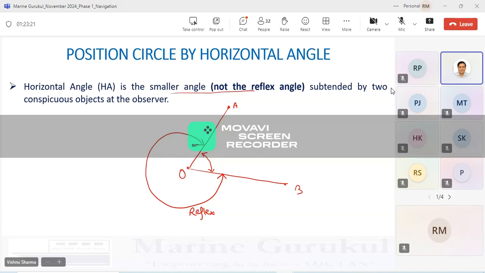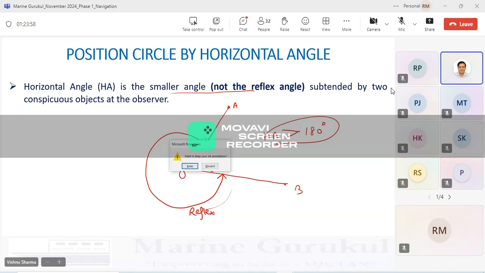That means your horizontal angle cannot be greater than 180 degrees. Why? Because the moment this angle becomes more than 180, the smaller angle will be on the other side. So we will not use the reflex angle. Horizontal angle is the smaller angle, not the reflex angle, subtended by the two conspicuous objects. Clear, beta? We have to take the smaller angle. Is that clear, class? Yes, sir.